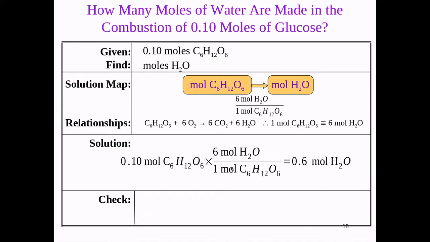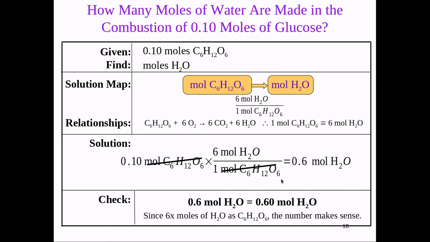When we apply our conversion factor, we see that we produce 0.6 moles of water and that our moles of glucose cancel. We do our little check here. Since our relationship was 1 to 6, we're getting 6 times the number of moles out, so this number does make sense.